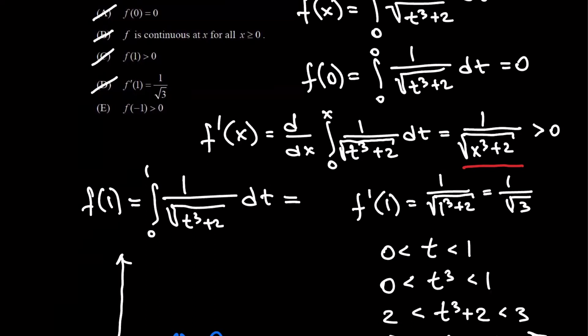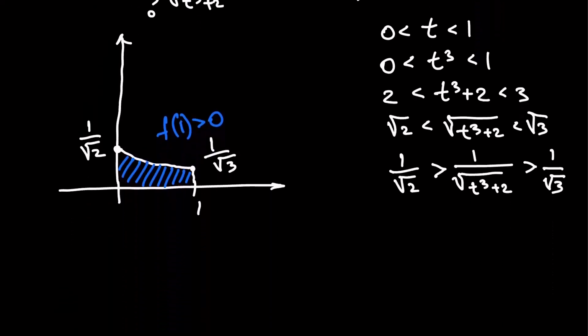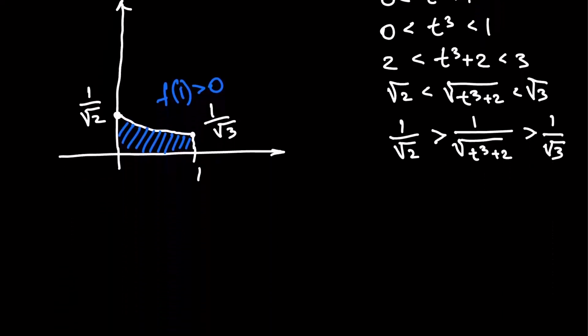So we already know that the answer is E, if we didn't make any mistakes. But let's just confirm that f of -1 is greater than 0 is a false statement. So f of -1 is less than 0. And so let's write f of -1.